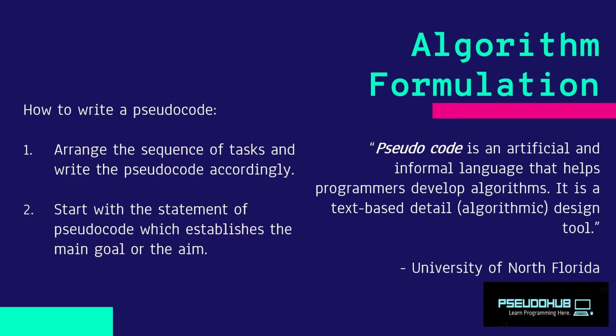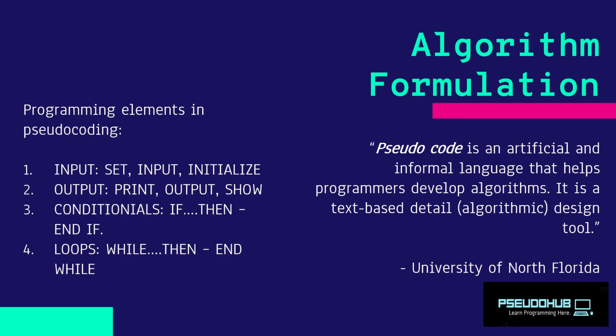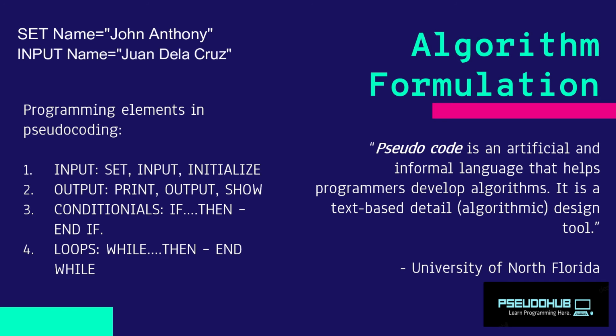Okay, so I mentioned a while ago starting with a statement in the pseudocode that establishes the main goal. Here are examples of statements that establish a goal. For example, if you ask for input from the user, you can use set, input, initialize. Example only, say you ask for the name of the user. So set name equals John Anthony, or input name equals Juan de la Cruz.